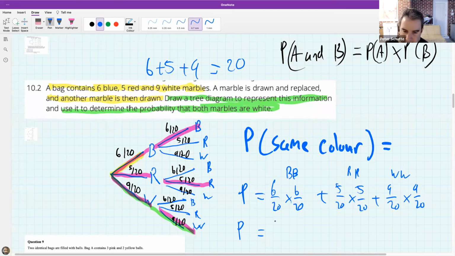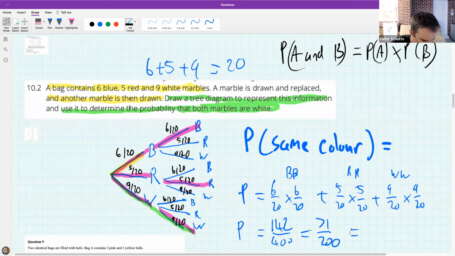So I get 142 out of 400, which if you simplify will give you 71 over 200, or if you write it as a decimal, it would be 0.355 or 35.5% chance.